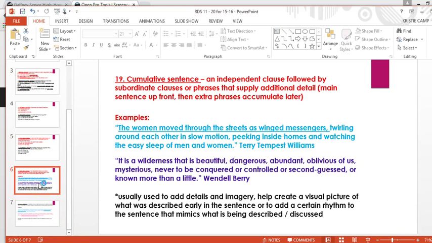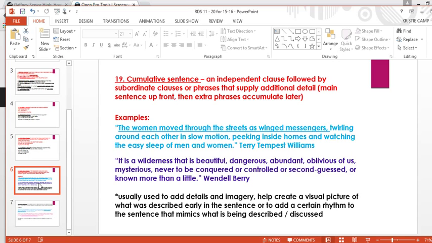All right. The last two are kind of tricky, but once you figure them out, it's no big deal. A cumulative sentence has an independent clause at the beginning and then is followed by a bunch of subordinate clauses or phrases that supply additional detail. What that means is the main sentence is up front, and then the writer tags on all these extra phrases that accumulate later.